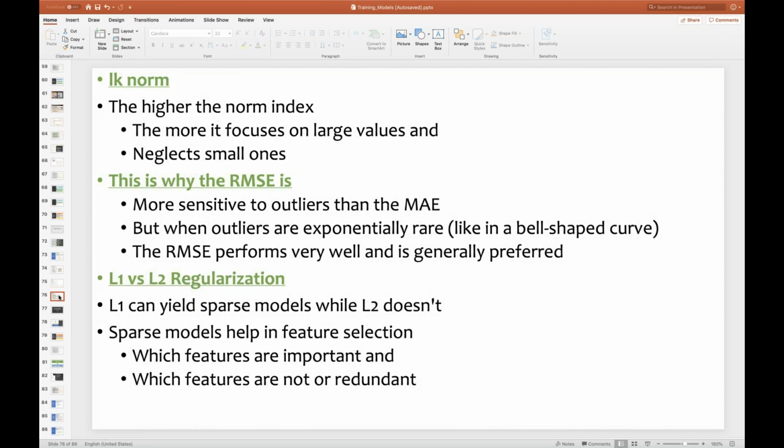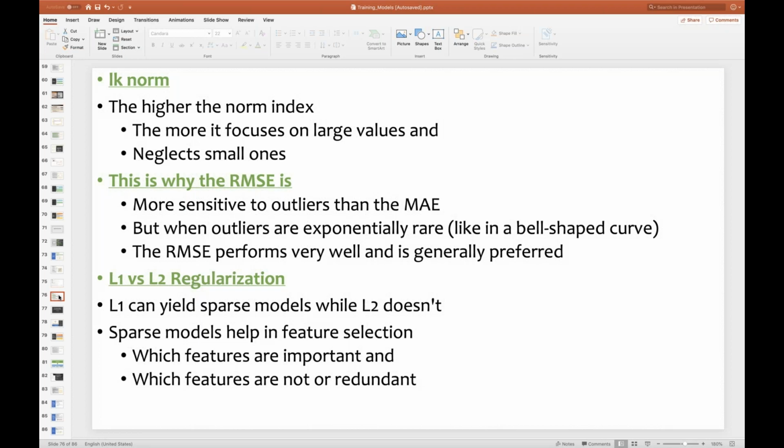L1 versus L2 regularization. L1 can yield sparse models while L2 doesn't. Now, give a thought about what a sparse model is. This is very important.